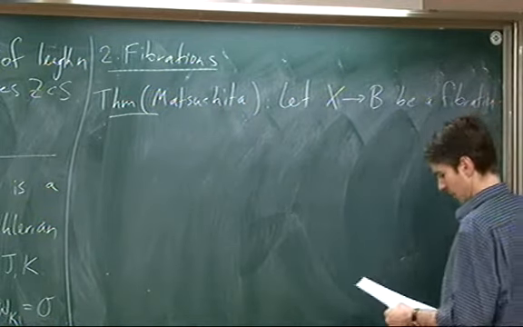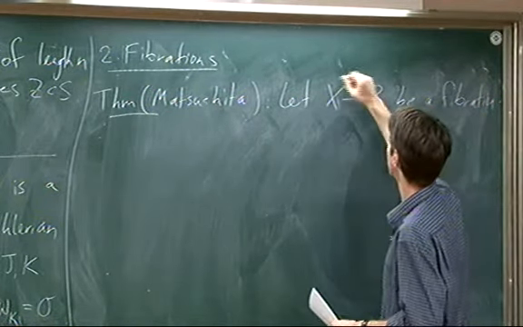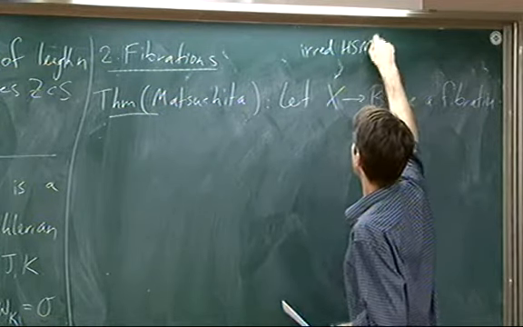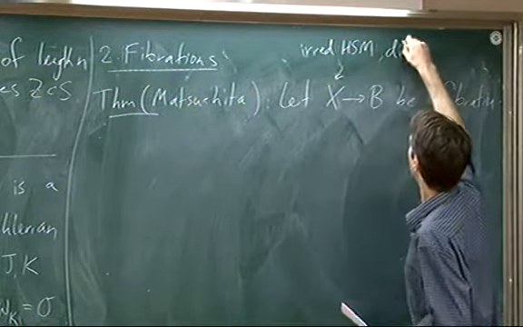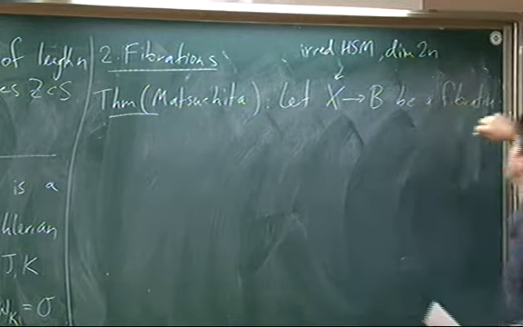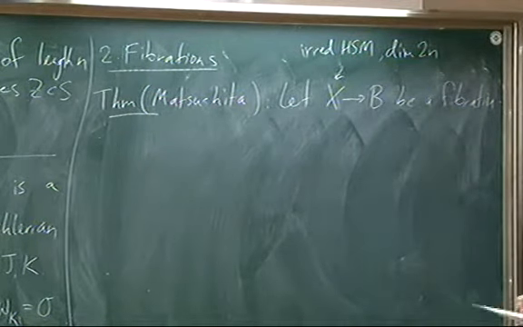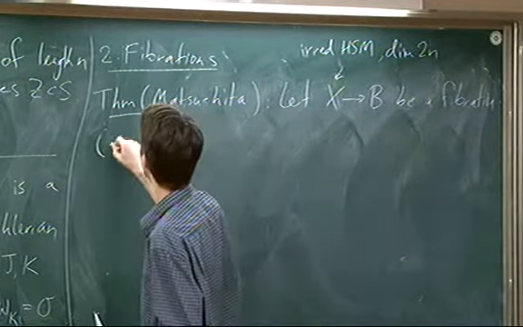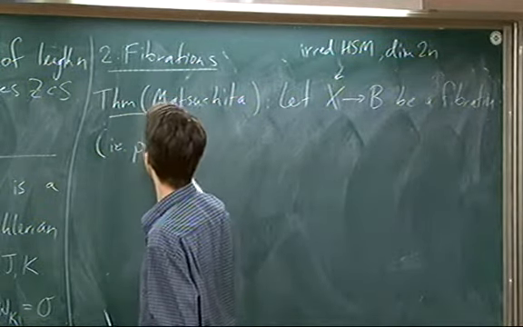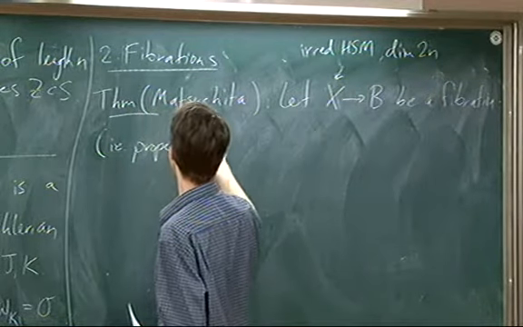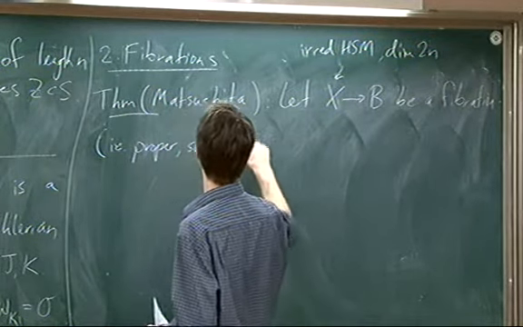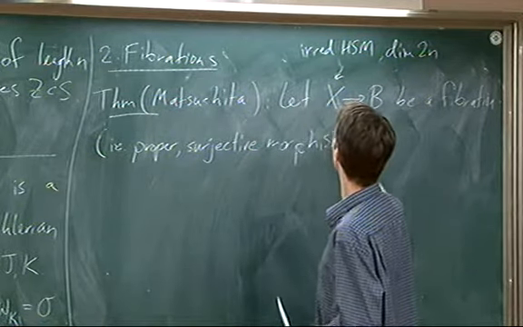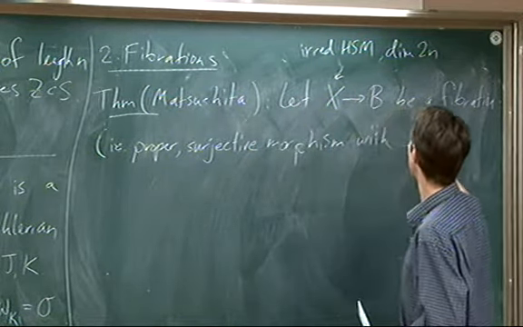Okay, so from now, X will be an irreducible holomorphic symplectic manifold of dimension 2n. So if I have a fibration, by fibration I mean a proper surjective morphism with connected fibers.